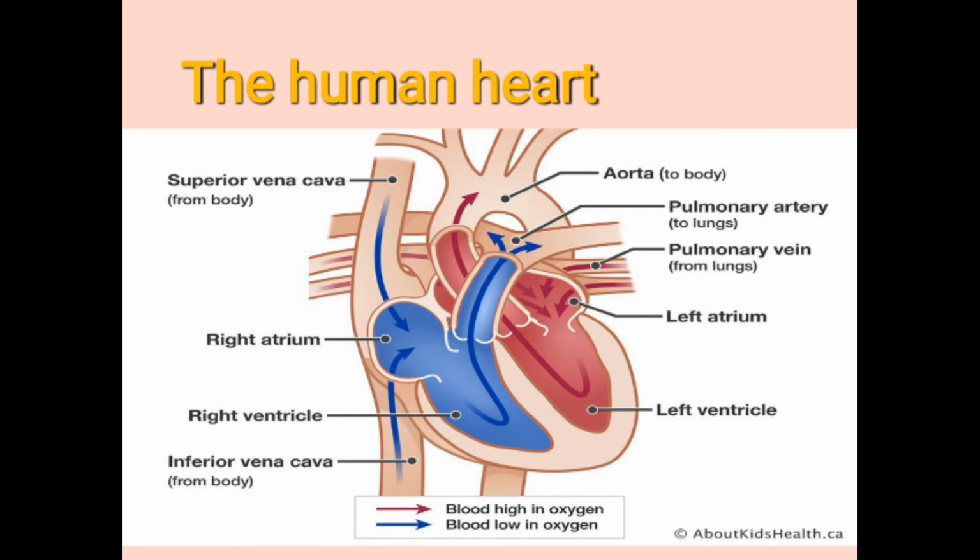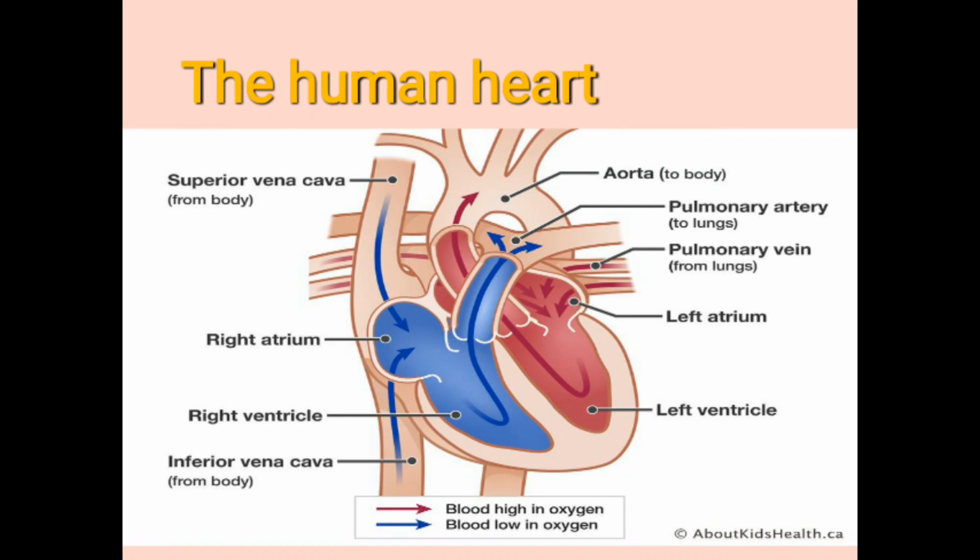When we say deoxygenated blood, we are simply talking of blood with less oxygen concentration. There is more carbon dioxide concentration in it. So this blood with more carbon dioxide is taken from different parts of the body back to the heart through the vena cava.